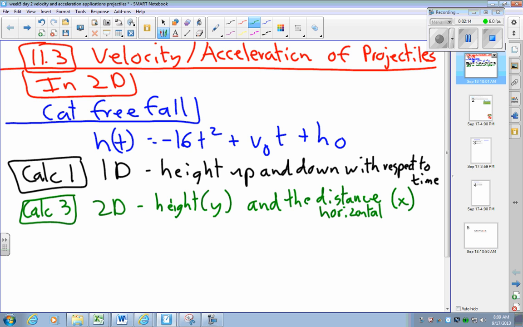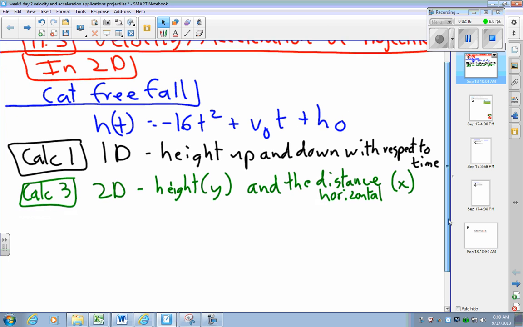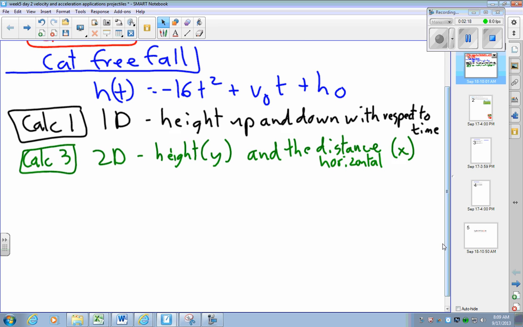Okay? So the part that matters then is really buried inside the v naught. We're going to start breaking this v naught into components.